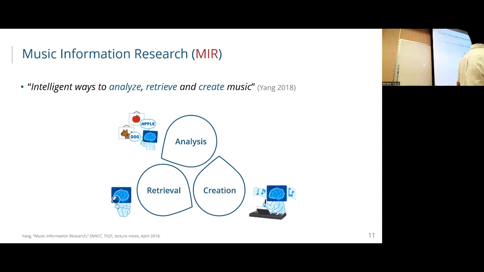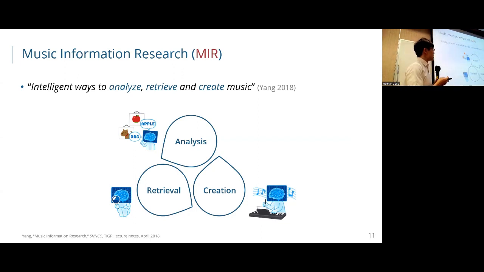So just to give you an overview of what's in MIR, the first thing we did is analysis, like music classification, genre classification, or emotion recognition. We also do retrieval, where the most profitable application is in recommender systems, used intensively in Spotify, Apple Music, and Amazon Music.